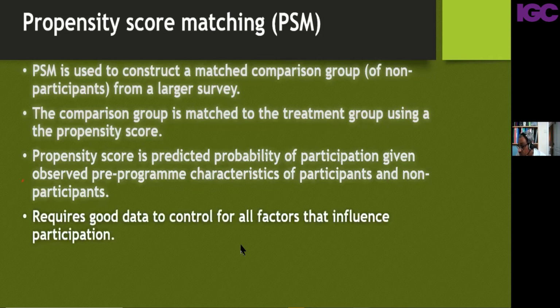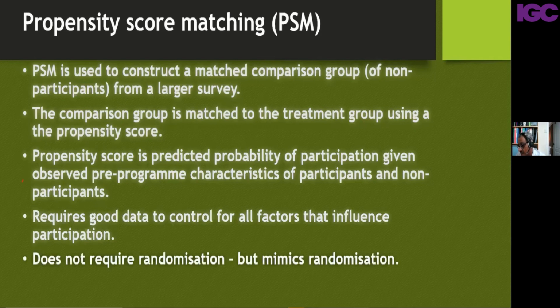Now, it requires good data to control for all factors that influence participation, but the advantage is it does not require randomization. It tries to mimic randomization. That means the comparison group which you construct is very, very similar to the participating group.